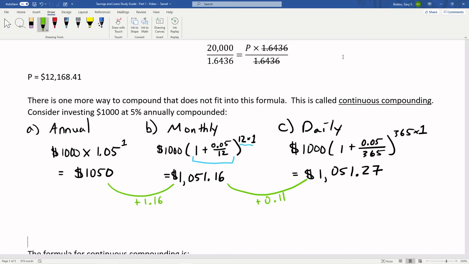And that is continuous compounding. So continuous compounding is your best case scenario of what could happen if, and this is a weird thing to think about, I know, instead of compounding once a year, 12 times a year, 365 times a year, you thought of compounding an infinite number of times a year.